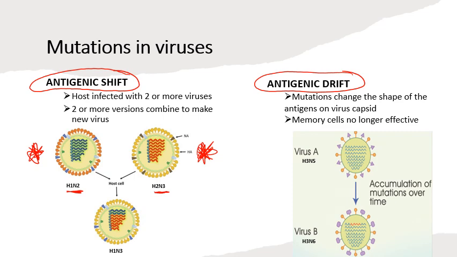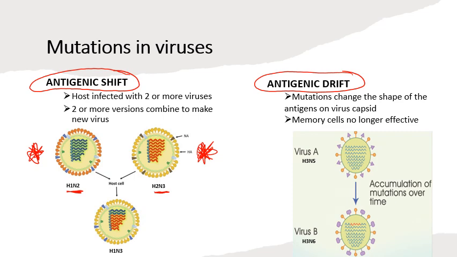Unfortunately, this individual has been infected by both of these viruses, and what happens is if both of these viruses actually manage to infect the same cell at the same time, their DNA and RNA can get muddled up and mixed together. And what that means is when that infected cell releases those virus particles after the host cell has replicated the viral DNA or RNA, those virus particles that are released can kind of be a hybrid.